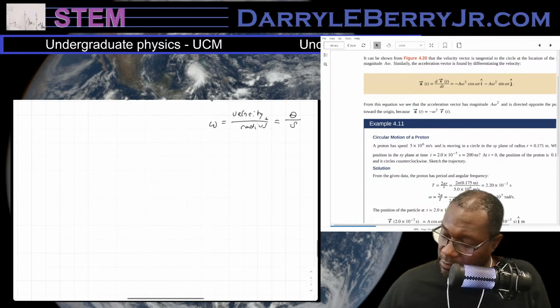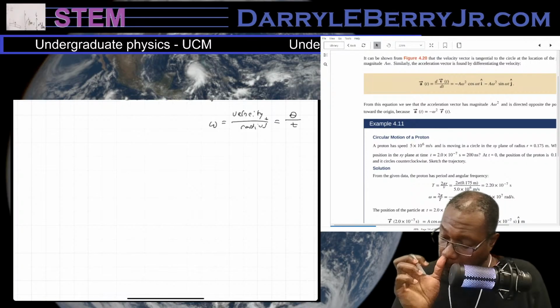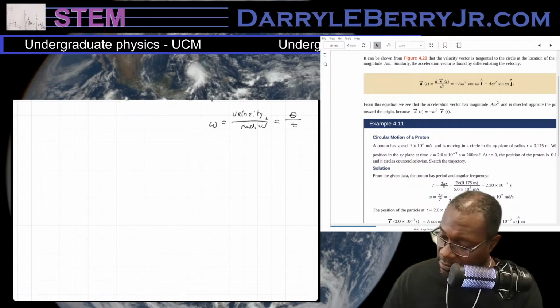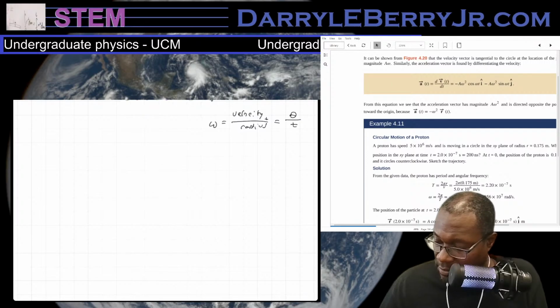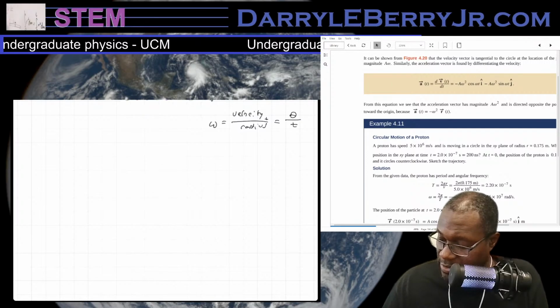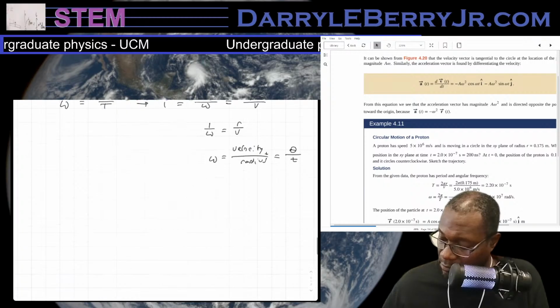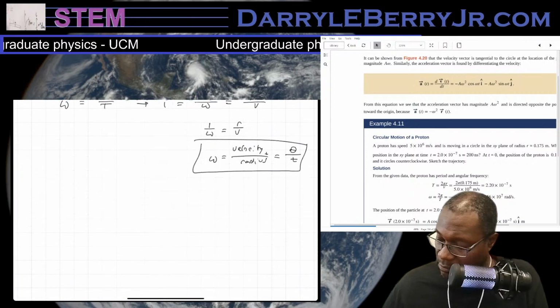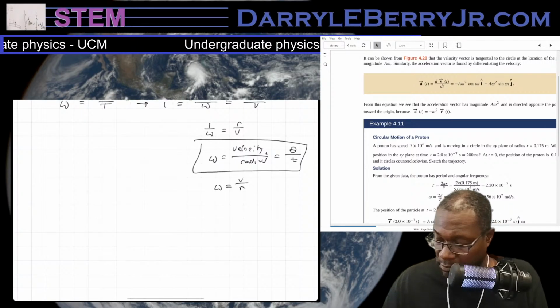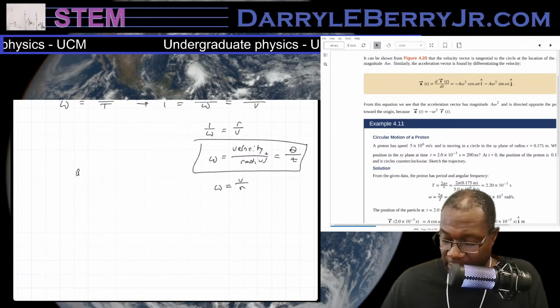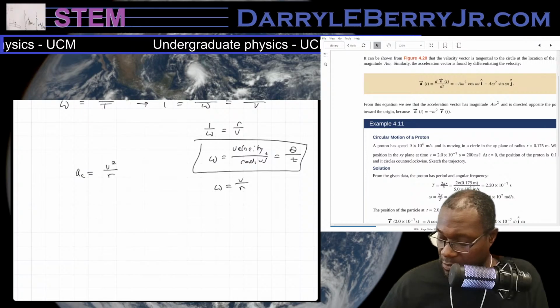The tangential velocity divided by radius ends up giving you radians per second. a_c is v squared over r.